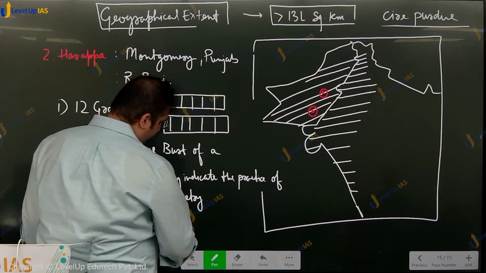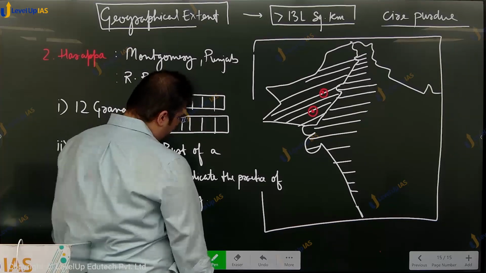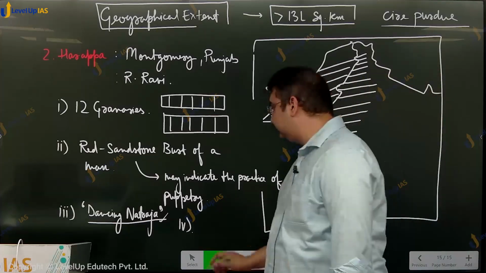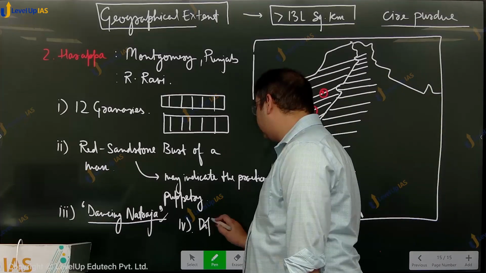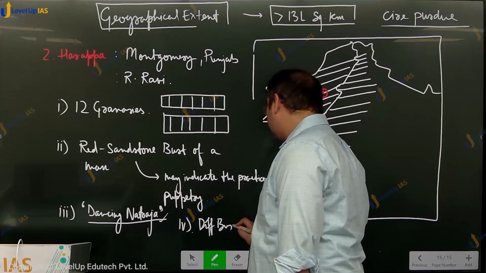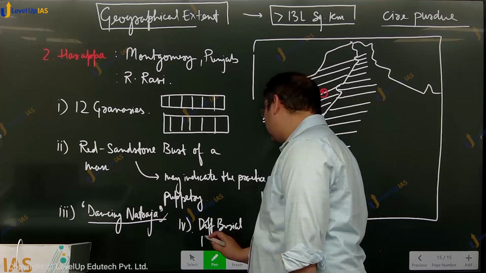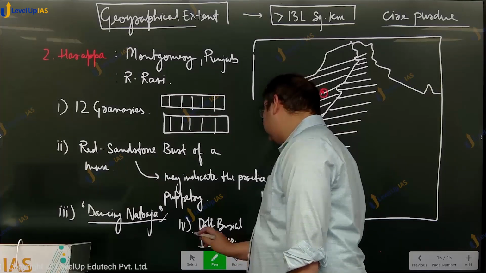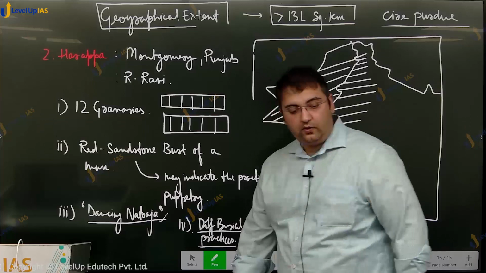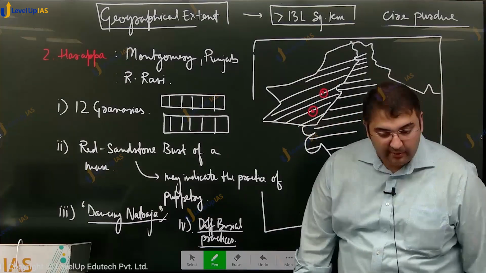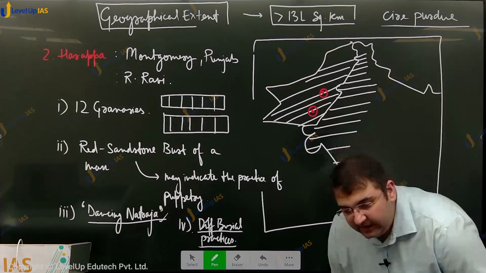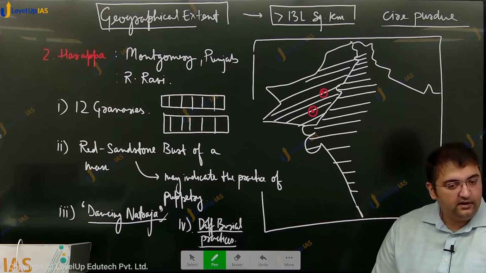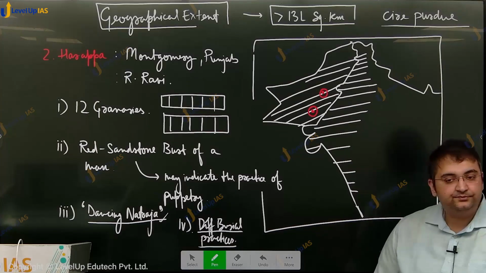And lastly, we have discovered a large number of different burial practices. Such as direct burial, coffin burial, double burial, pit burial, urn burial, partial burial, secondary burial, fragmentary burial, etc. What does all this tell us?